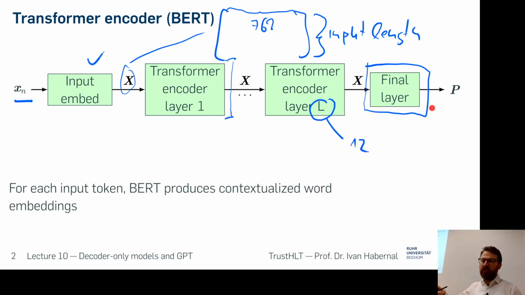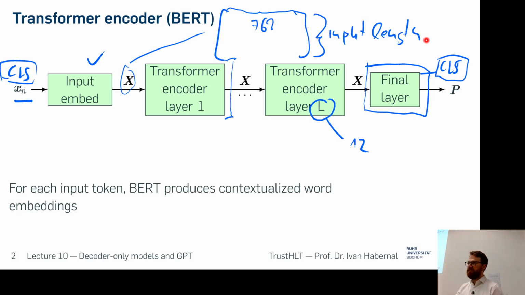And there was also one special token, the first one, the CLS token. A special CLS token was added to the beginning of the sequence, and it ended up with the special embeddings. And in BERT, it was used for, what? CLS token for classification. So we just use this as a representation of the whole input for doing some text classification.